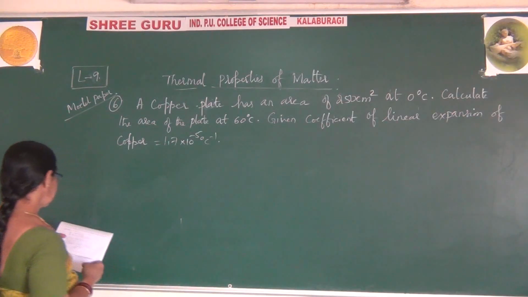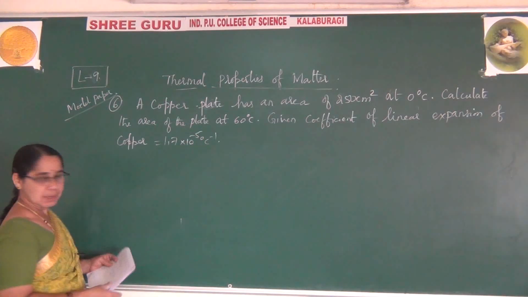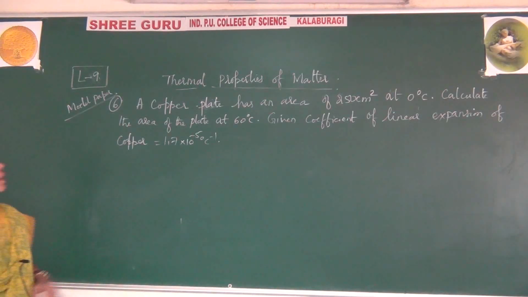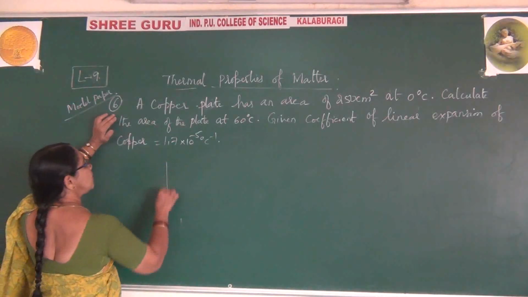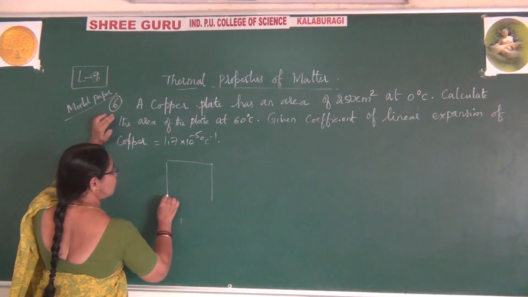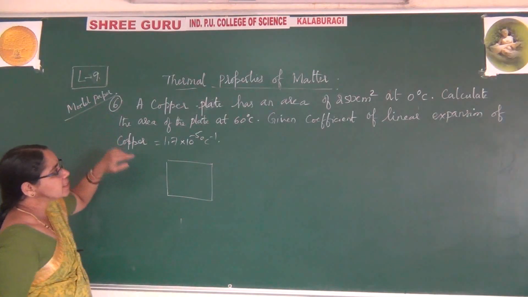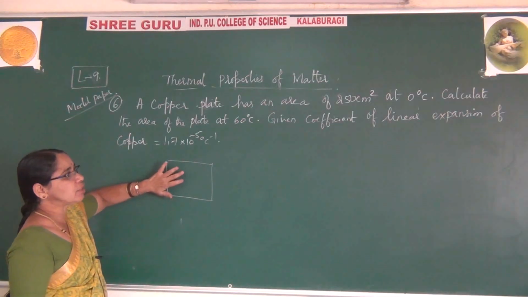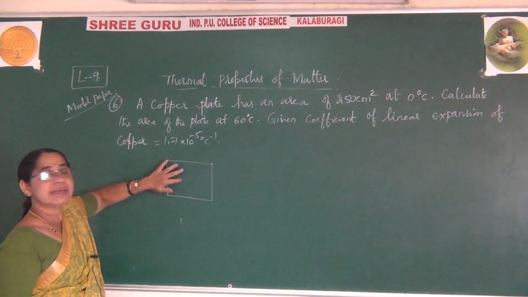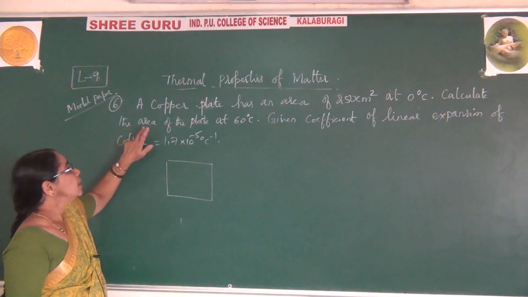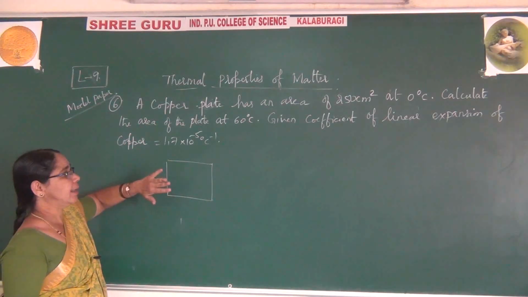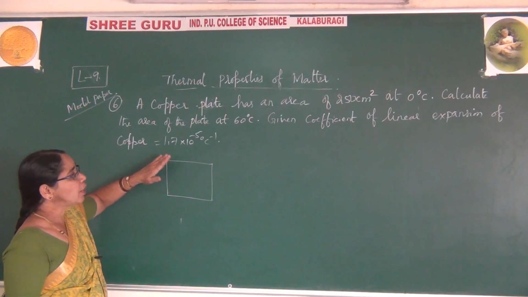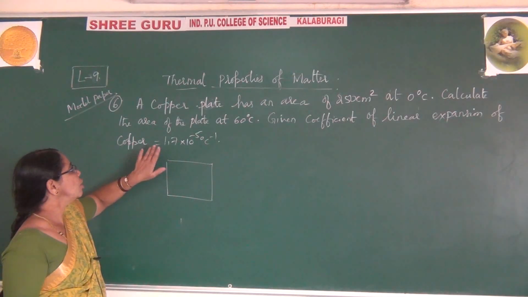Okay, this is the question they have given. Please observe, in this problem they have given a copper plate, which is made up of copper. Its area is given, which is 250 centimeter square at 0 degree centigrade. Calculate the area of the plate at 60 degree centigrade, given the coefficient of linear expansion of copper.